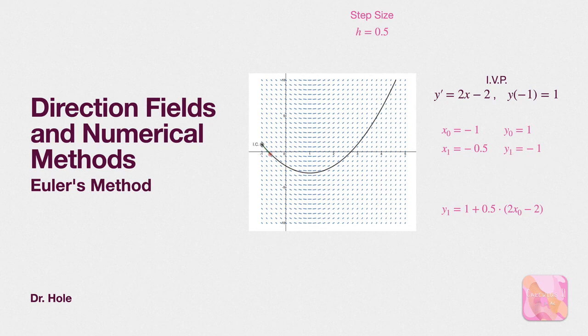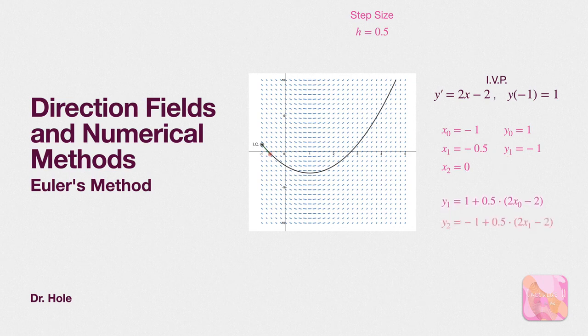All right, let's do one more. We have x naught, add in h, we get x1. We want to go to x2, so from x1, add in h, and come up with x2 being 0. All right, now let's focus in on how to compute y2.